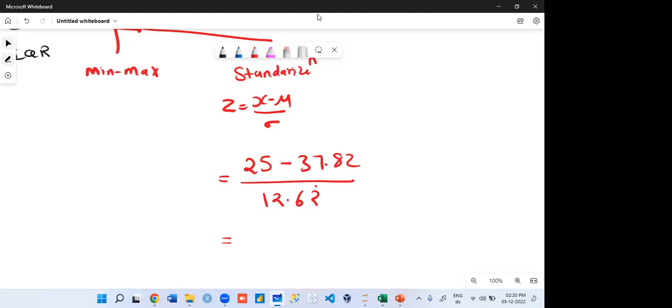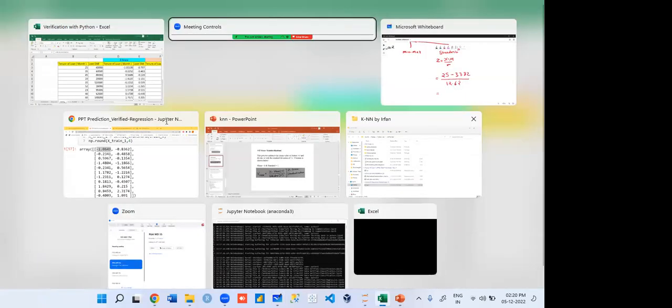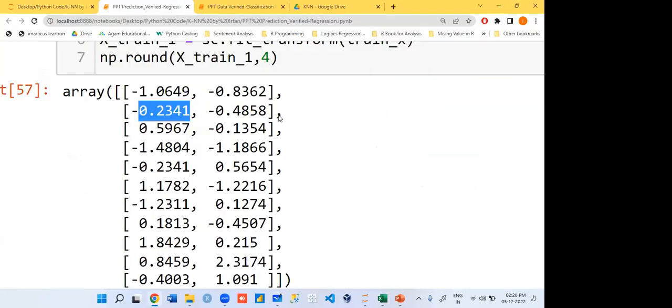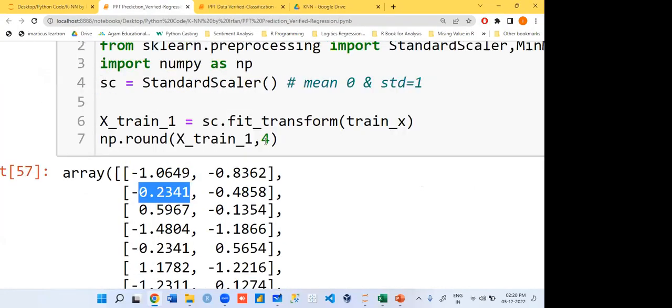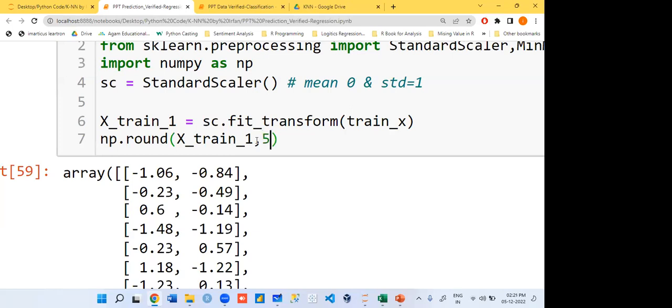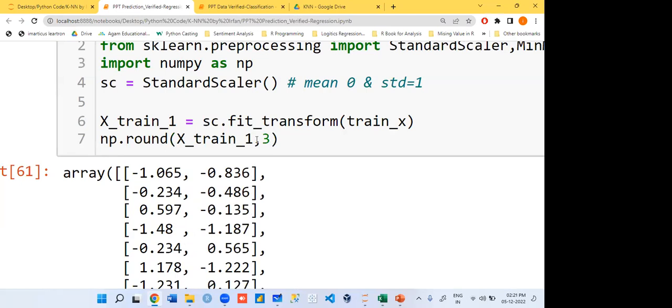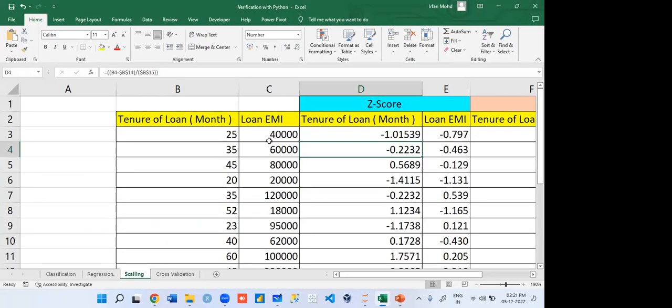Guys, what is the value? Minus 2.23. Compare the same number. It's a rounded number for you, but do not round off. Clear? That's so clear, guys.